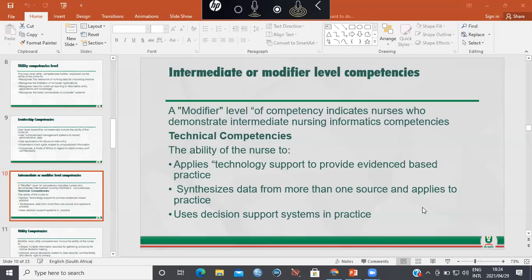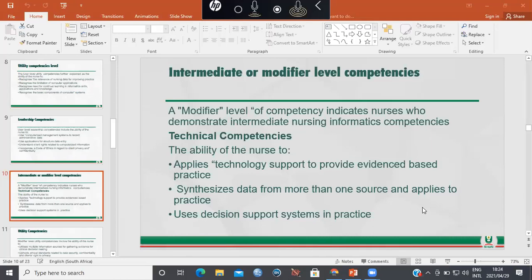Technical competency at this level is the ability of the nurse to apply technology support to provide evidence-based practice, synthesize data from more than one source and apply to practice, and use decision support system in practice.